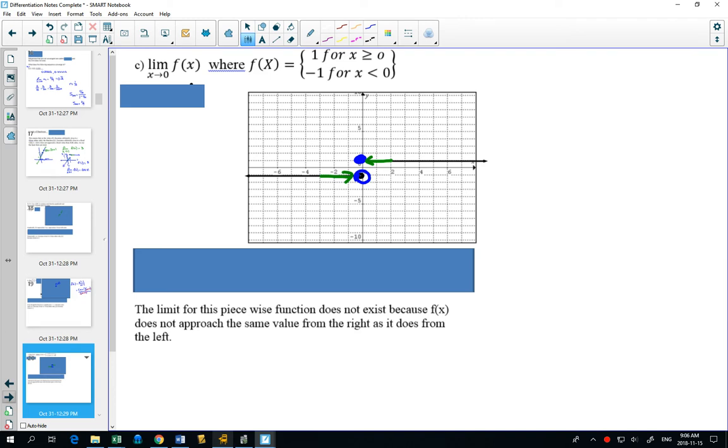And since those 2 values are different, we say that this does not exist or is undefined. So you can write undefined, you can write does not exist.